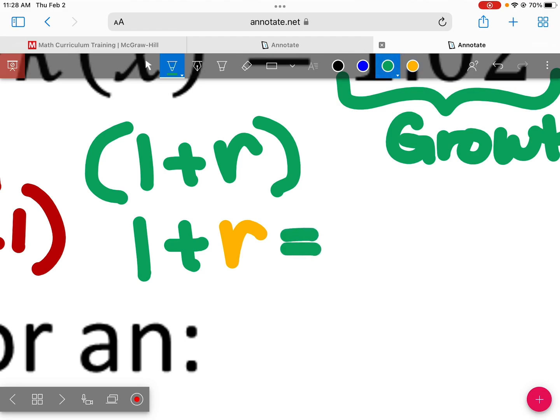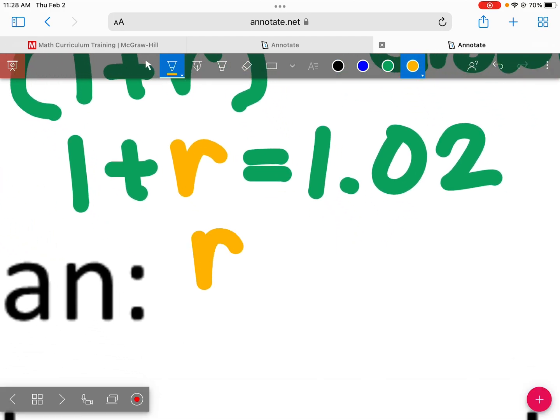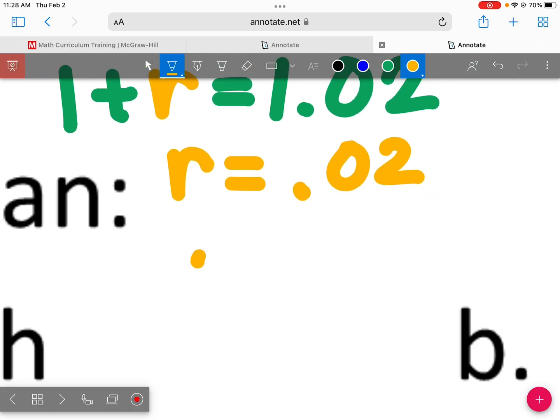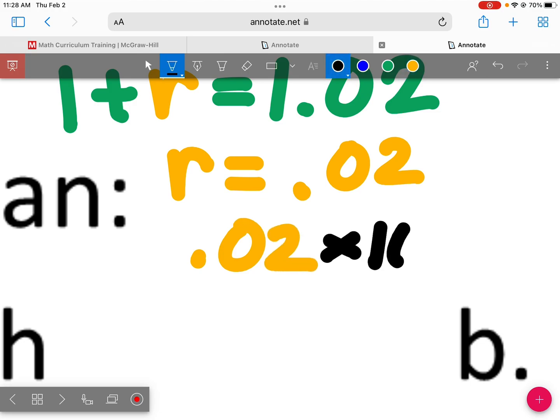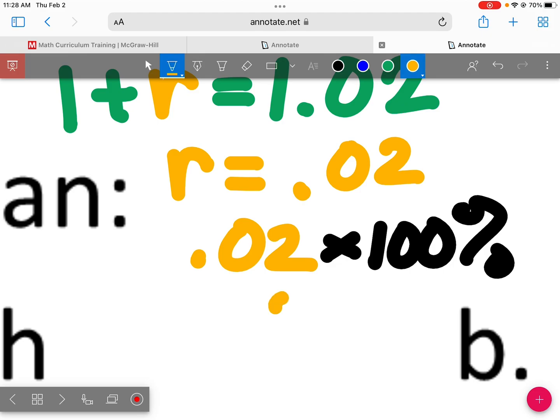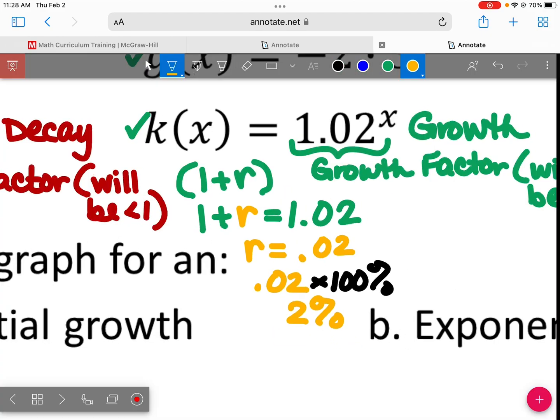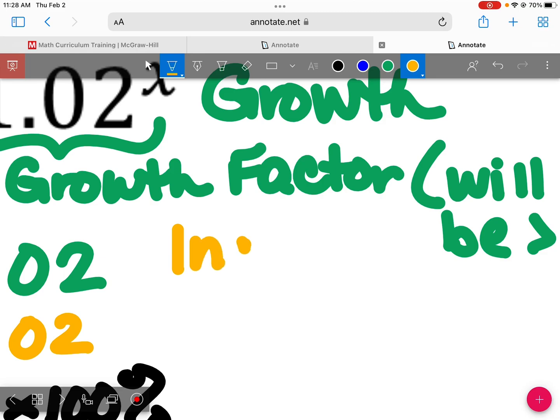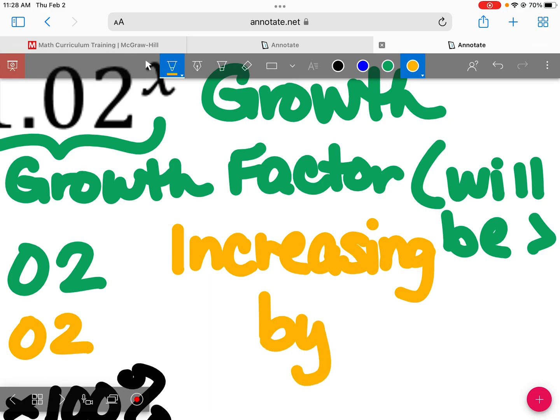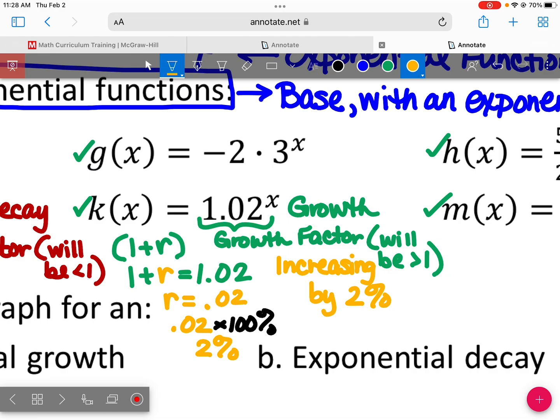Yeah, 1.02. So R would have to be what? 0.02. And then to take that and make it into a percent, I multiply it by 100%, and we get 2%. So this is increasing, because it's growth, by 2%. Is it making a tiny bit more sense than the first one?